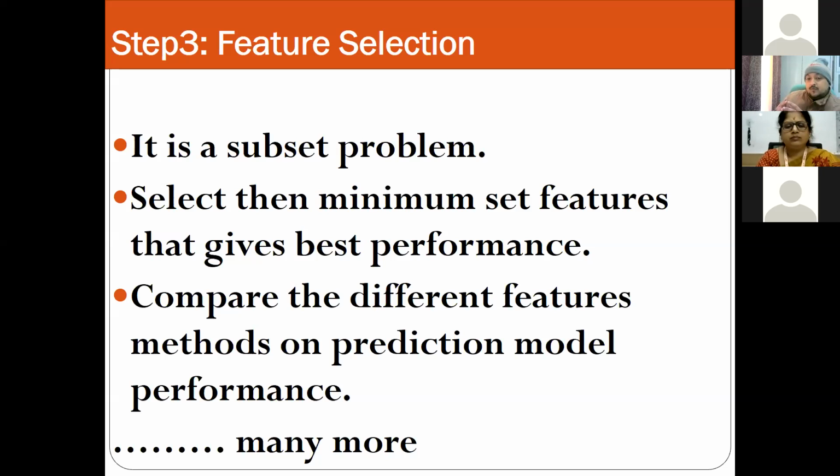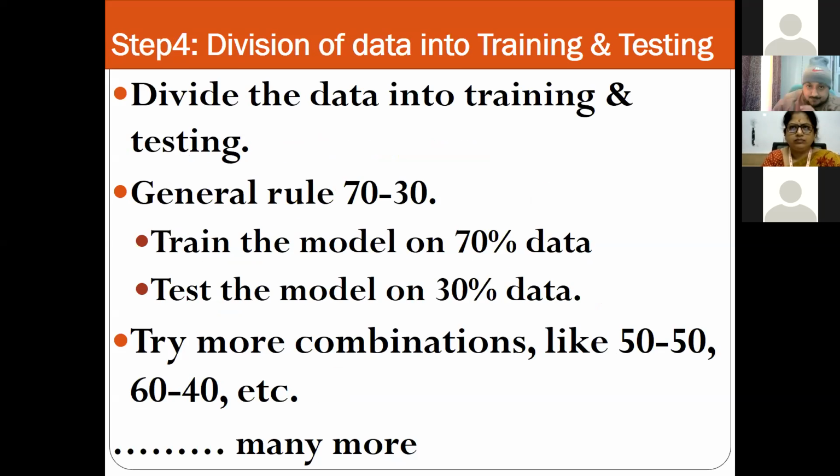Sometimes we go for information theoretical concepts, where we measure the entropy. Sometimes we utilize the Gini index. Sometimes information gain can also be utilized to check whether a particular feature contributes or not. That way we compare the different feature selection methods on prediction model performance.